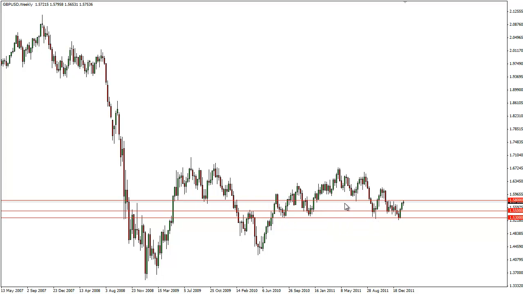So, anyways, I have the 158 drawn out, and then I have the 155 because of the large psychological number, and you can see that it's been somewhat reactive, and then 153. The reason I have 153 is, as you zoom out on the weekly, and I've alerted people about this, you basically have a complex head and shoulders. 153 is the bottom several times over, and you can see it keeps reacting.